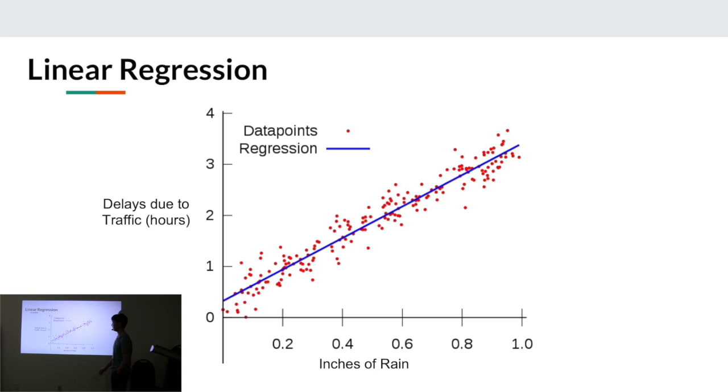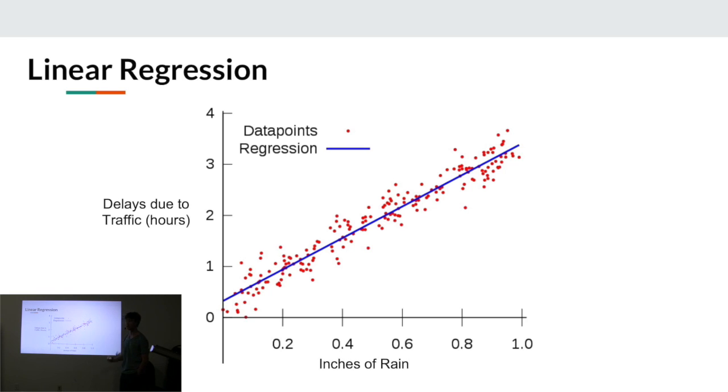Right now it's delays due to traffic corresponding to inches of rain. And let's say we're Californians. So 1 inch of rain causes massive delays in traffic, and it goes all the way down to no inches of rain causes a little bit of delays in traffic because that's natural traffic.